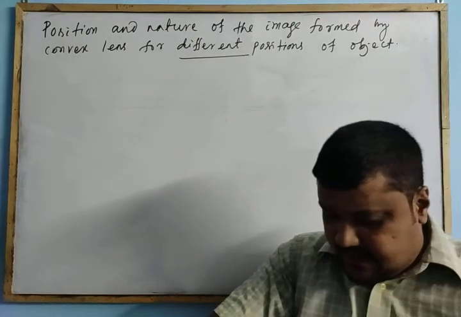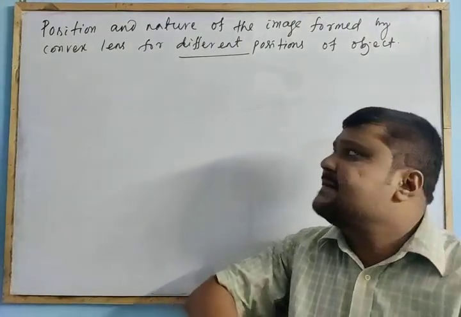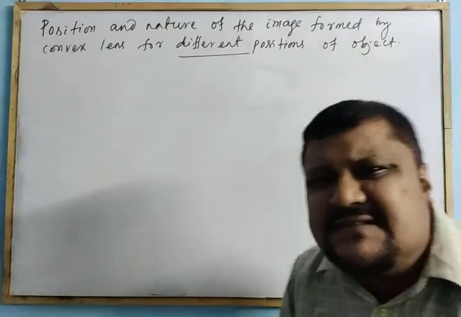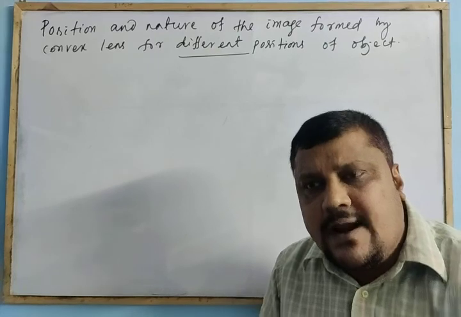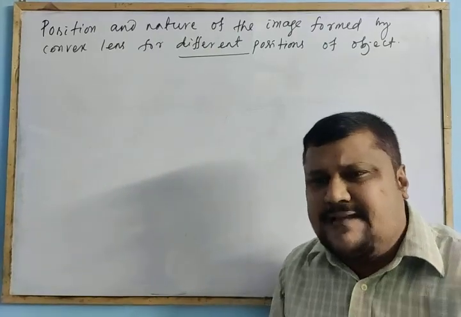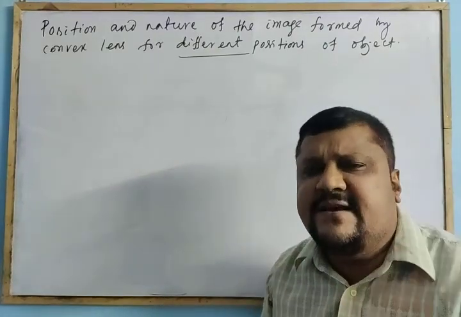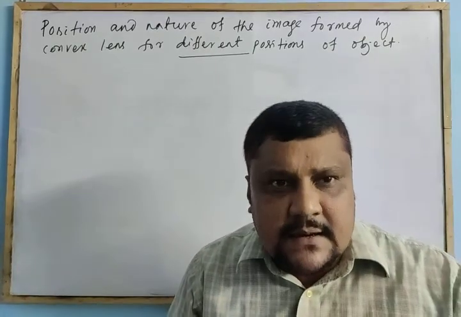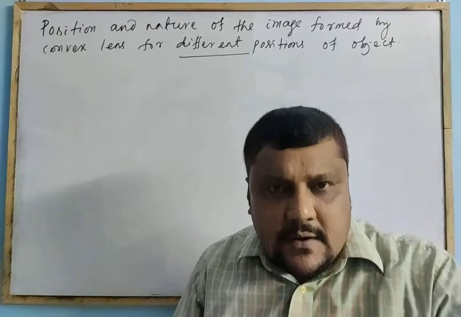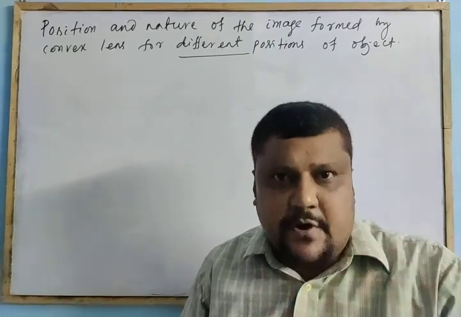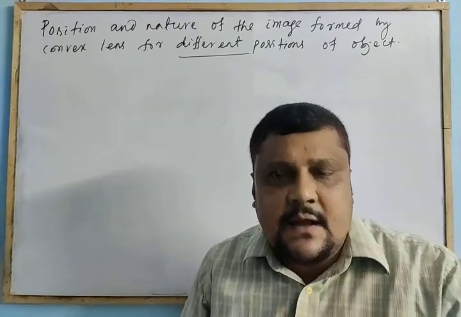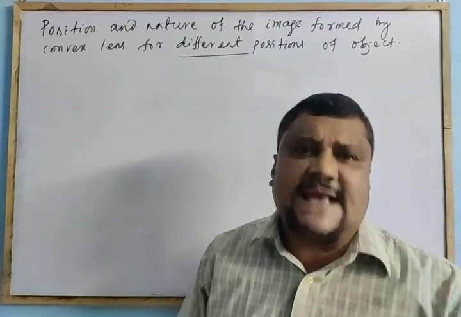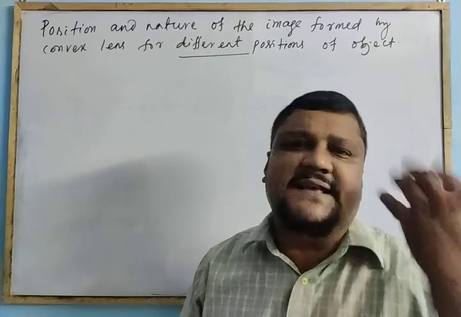For different positions of the object, where will the image form, and what will be its nature? Nature means generally whether it is real or virtual, whether it is erect or inverted, and whether it is magnified, diminished, or of the same size as the object. These three things we will find.